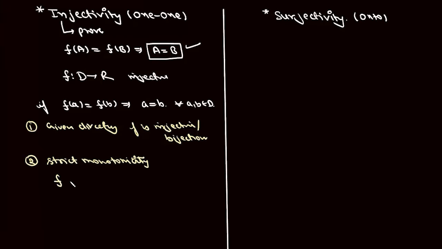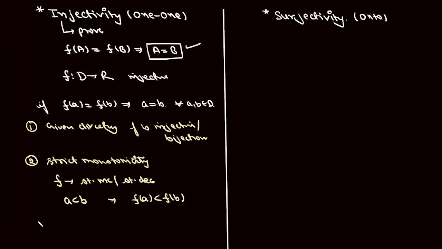So if we can show this f is either strictly increasing or strictly decreasing through calculus or from any inequality embedded in the system, then we can clearly say if a is less than b, then f(a) will be less than f(b).